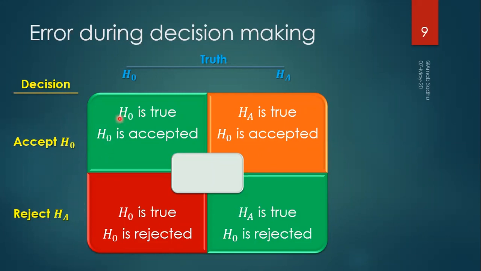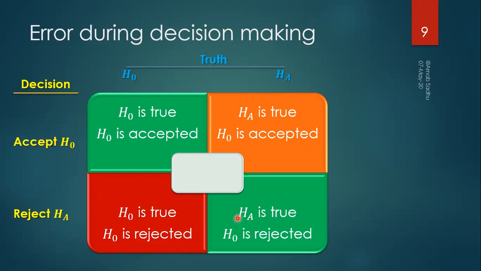If you accept the null hypothesis, and the null hypothesis is true, then you are in this first box. And if you accept the null hypothesis, but actually the truth is that the null hypothesis is wrong, that is, the alternate hypothesis is true, you will be in this box. And if the null hypothesis is true but somehow you have missed it and you have rejected the null hypothesis, then you will be in the third box.